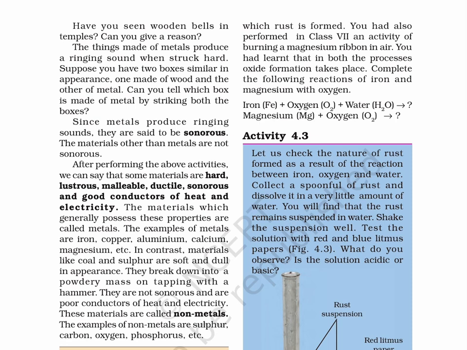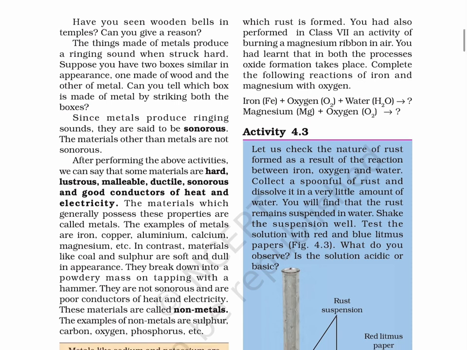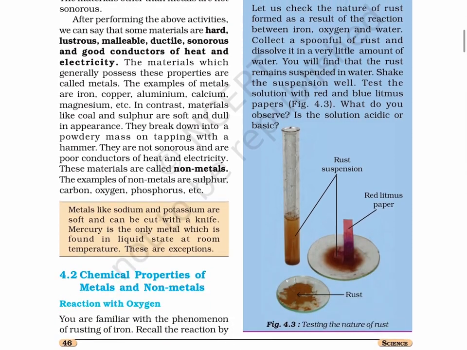Iron, Fe, plus oxygen, O2, plus water, H2O, gives. Magnesium, Mg, plus oxygen, O2, gives. Activity 4.3. Let us check the nature of rust formed as a result of the reaction between iron, oxygen and water.